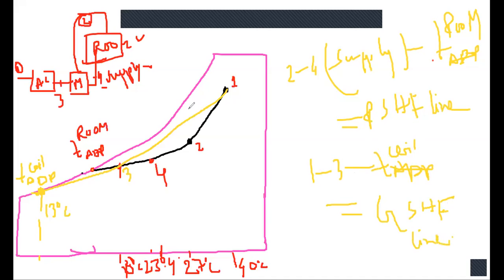Okay, this is the GSHF line, and this is the RSHF line. Okay, now erase this.